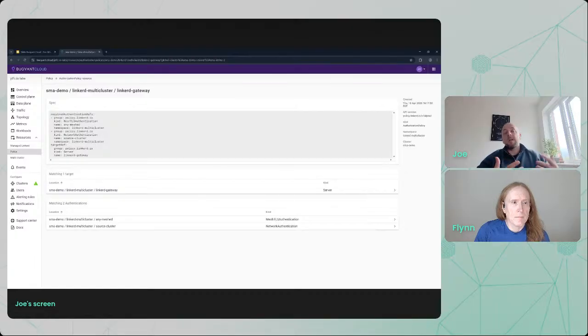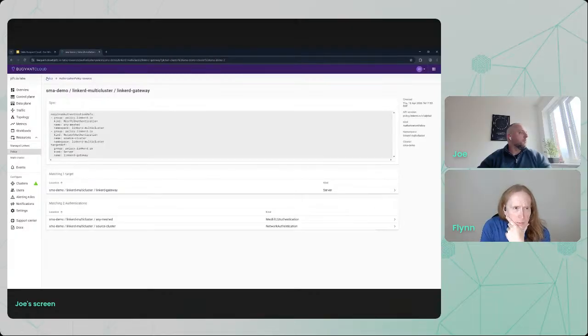If a customer's getting an error in their log saying the traffic's been blocked by this policy, they can quickly have a look at what that policy looks like without having to go into their IDE, terminal, or Git UI and dig through all the different files, which might have dynamic values in there, trying to work out what this looks like in raw text. It's like, okay, well, there you have it.